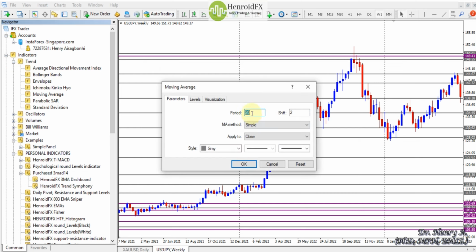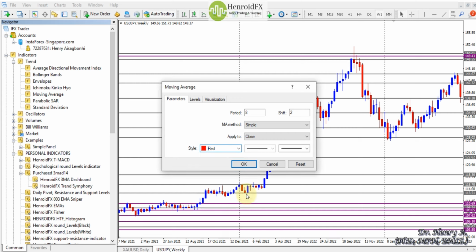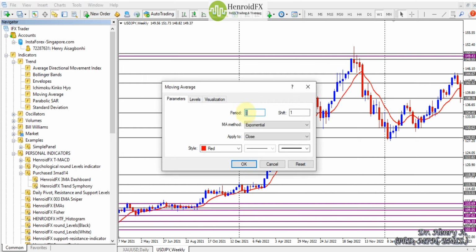The first one, you make it 8, and then right click, give it red, exponential, 1 shift, and then you click OK. Now you take in another one.